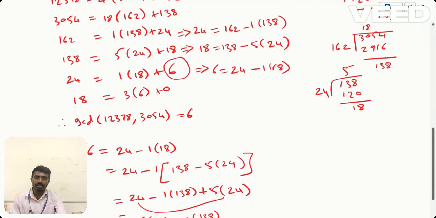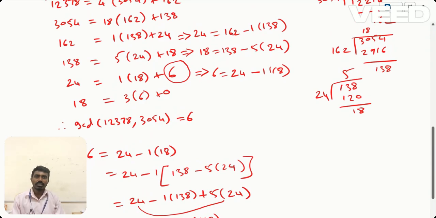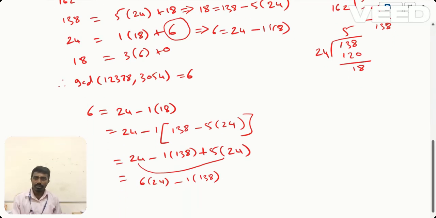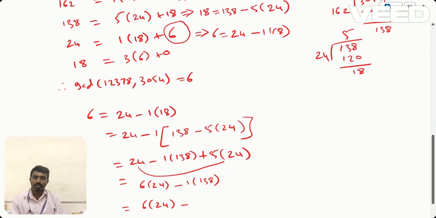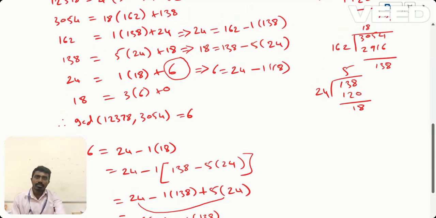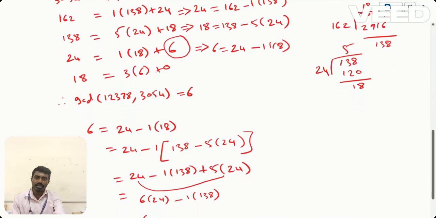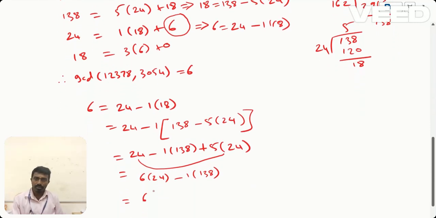Now 24 can be written as 162 minus 1 time 138. So substitute that one. We are substituting for 24, right? So 6 times (162 minus 1 time 138), minus 1 time 138.